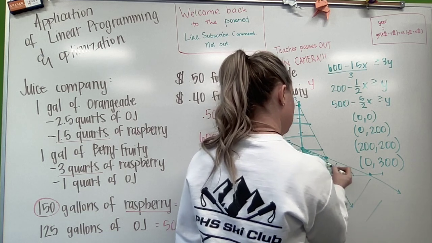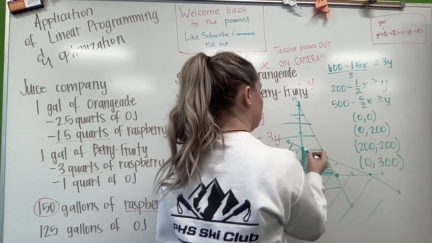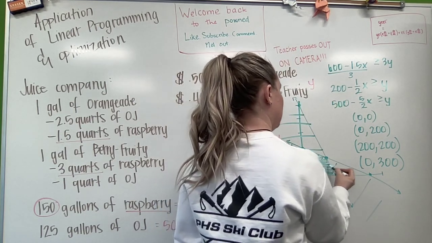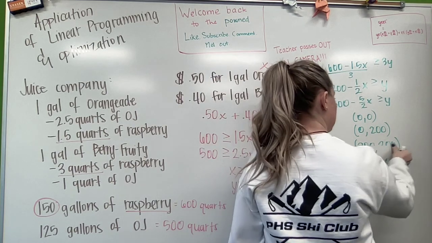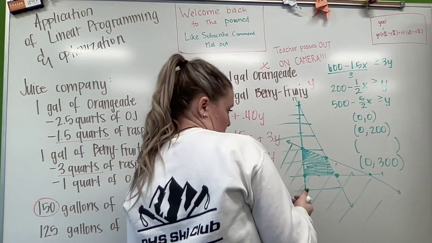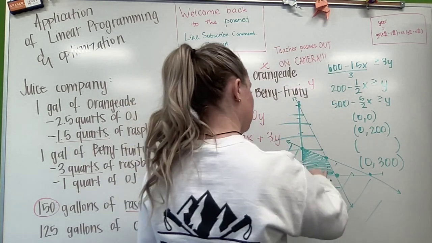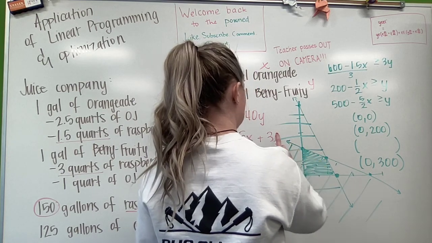Down 1, run 2. So that's actually not 200 and 200. Sorry, that point's a little iffy, but it kind of looks like, let's say that this was 150 for Y.